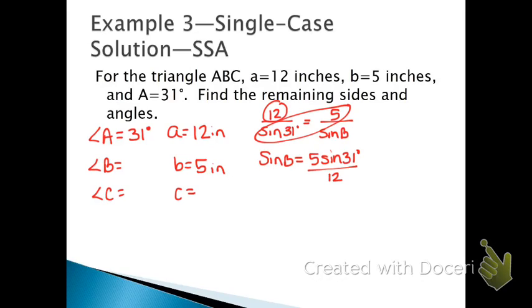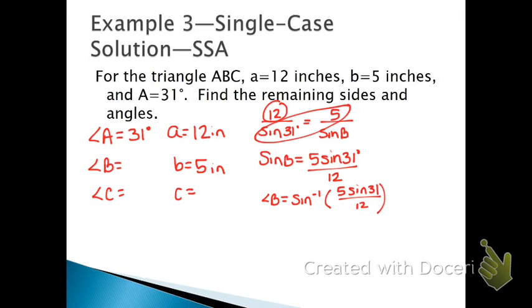Because how do I find angle B? It's sine of B. What do we do if we're looking for the angle? You do the inverse. Anytime you're looking for the angle, you do the inverse. So angle B is going to be equal to the inverse sine of what we have here, the 5 sine of 31 over 12.